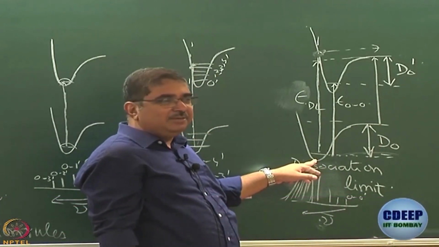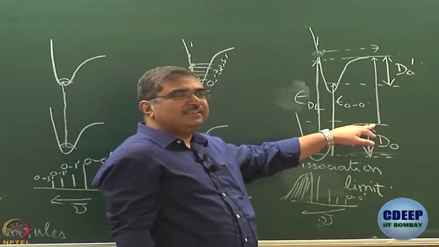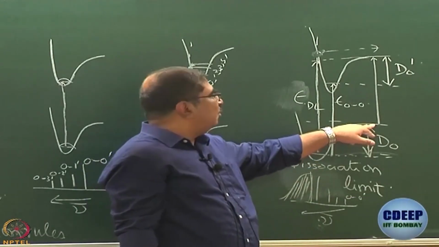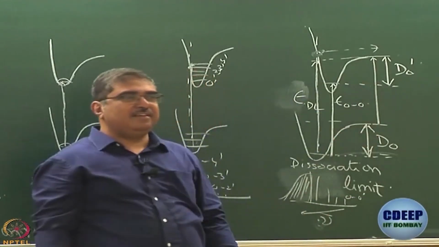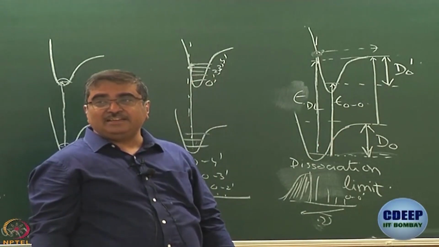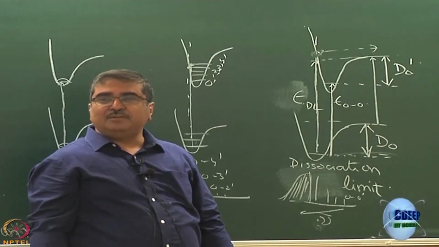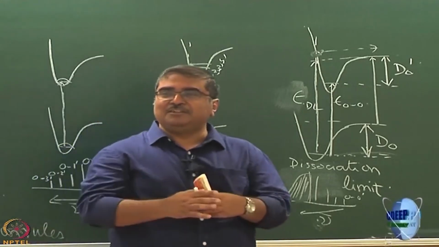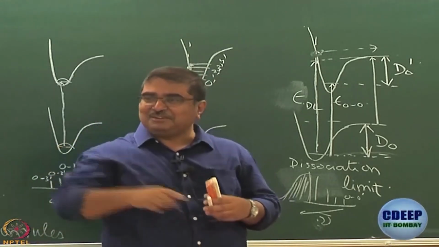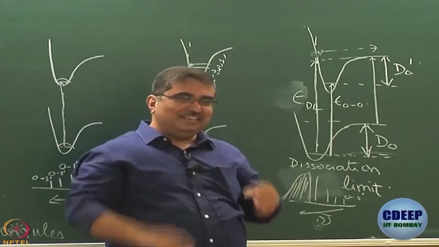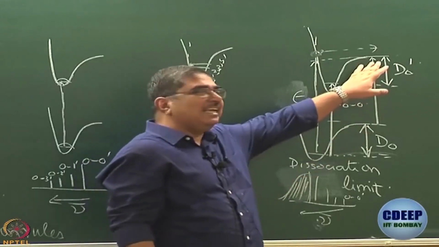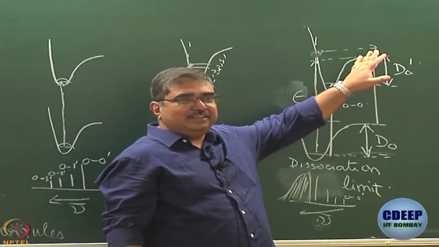I have AB, the molecule. What do I have here? A plus B. And who is giving me the answer? Okay, right. So this is the excited state of the product.